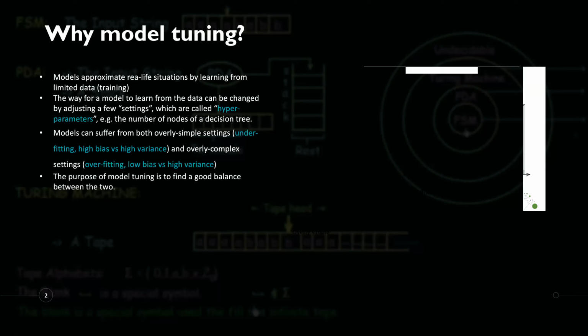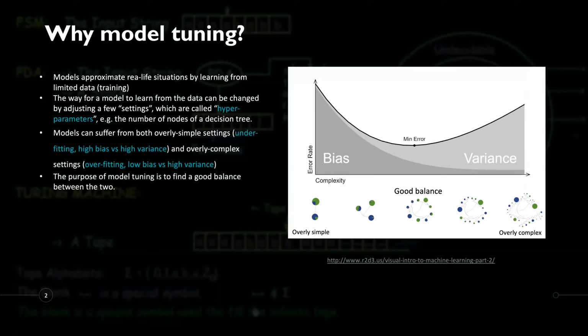So what does that mean? It may sound a little bit tricky for those who are not very familiar with those terminologies. So let's take a look at this diagram. The way to read this diagram is that the horizontal axis indicates the complexity of the model from low to high, and the vertical axis indicates the error rate.